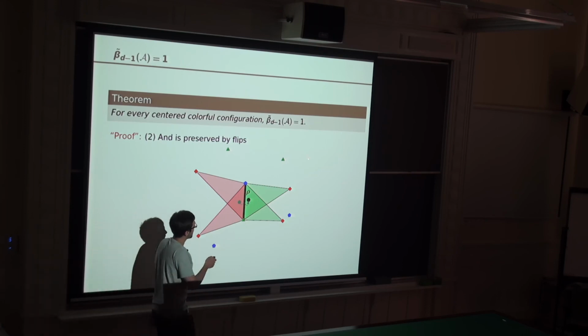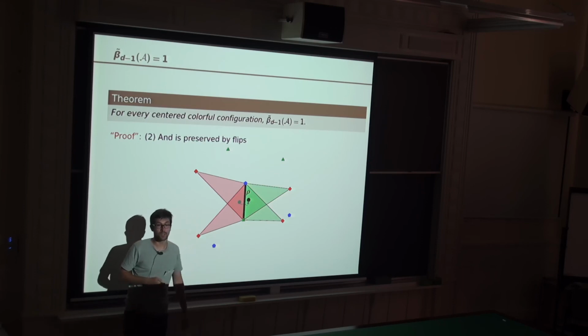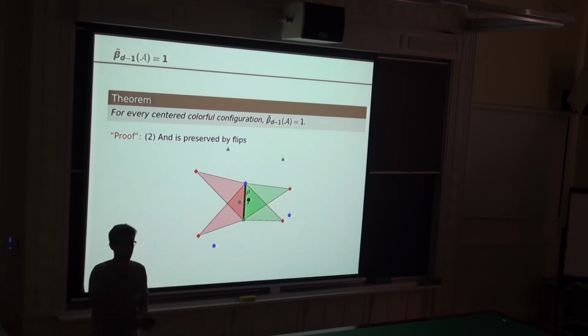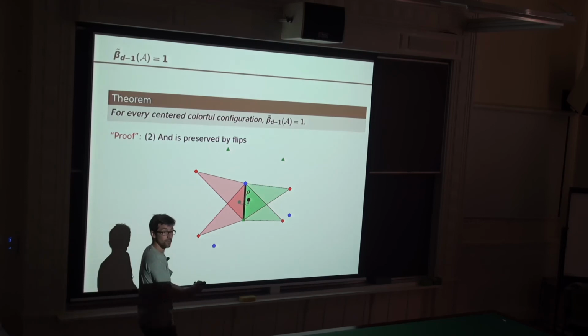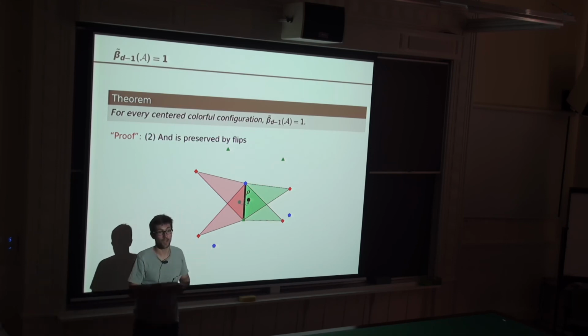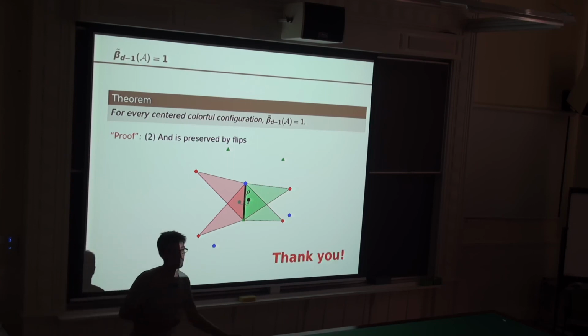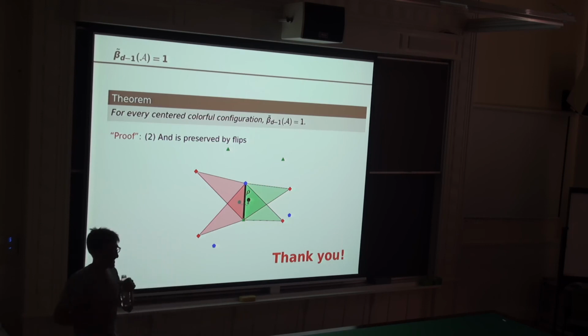And now if you look at this closely, this is actually just another octahedron like the one we had before, where you take out two faces. So again, these two cycles are equivalent. And that's essentially it. The rest is just writing it up. And I think I'm finishing early. That's it.